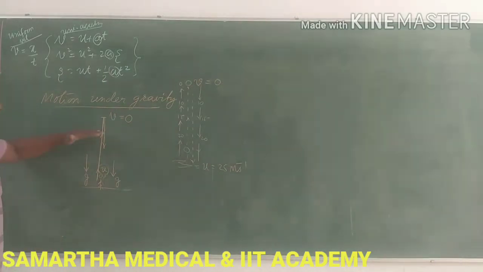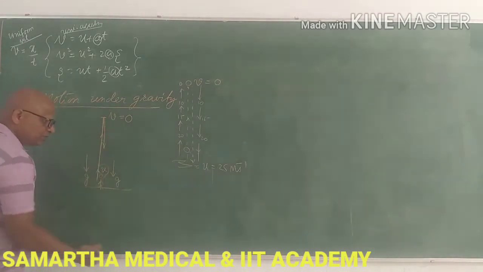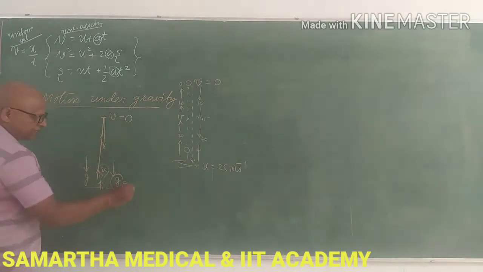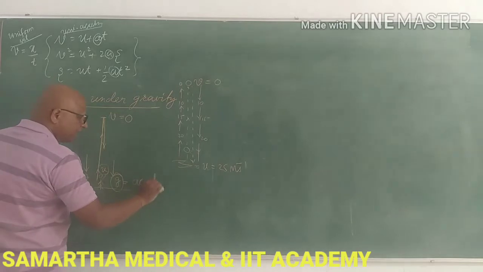And this is one of the classical examples for motion in a straight line with uniform acceleration, because the gravitational force due to Earth gives you a uniform acceleration called g, which is called acceleration due to gravity.